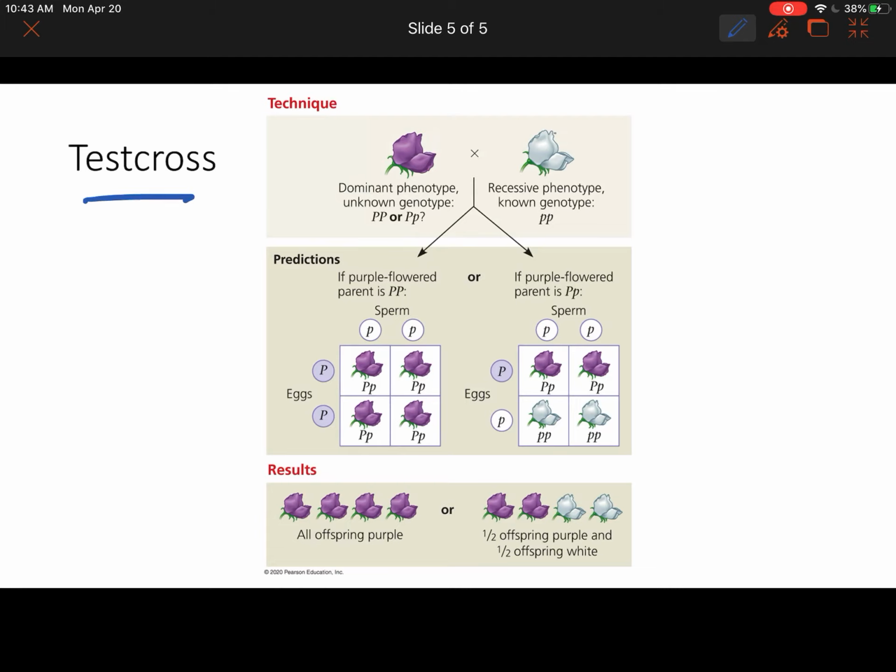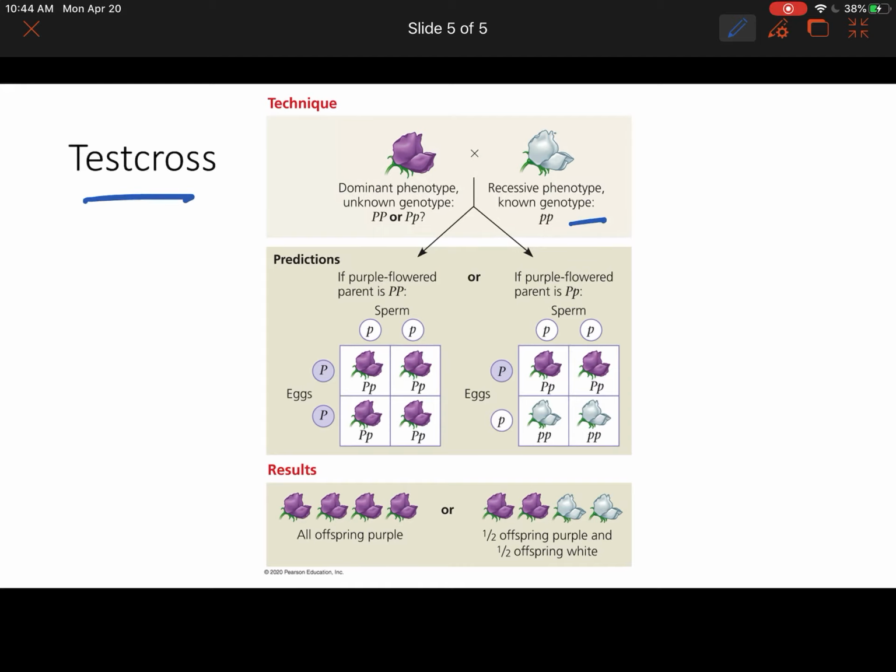So you would take your purple plant of unknown genotype and cross it with a recessive phenotype, so a plant with white flowers, because we know that if a pea plant has white flowers, it's homozygous recessive. Okay, so you're going to cross these two. Well, let's think about this for a minute.